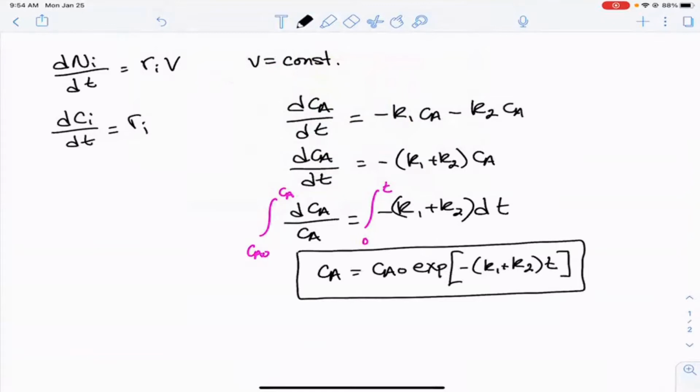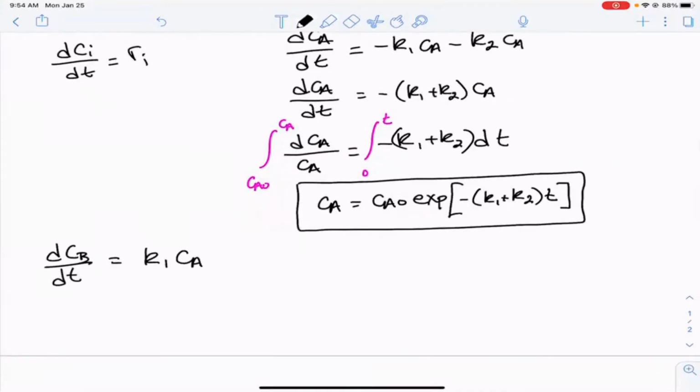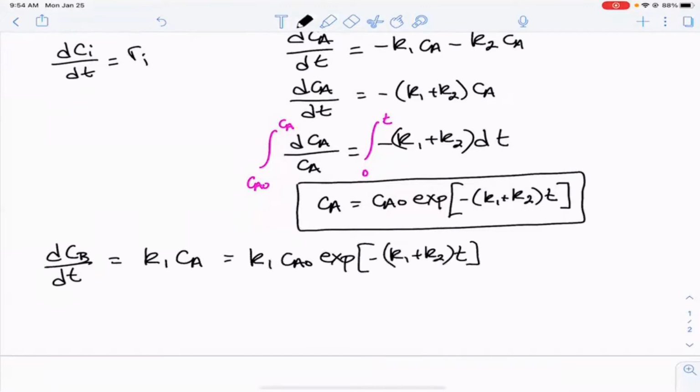So now let's solve for B and C. Well, for the concentration of B, dCB/dt, we said was equal to RB, and that was correctly K1 times CA, right? So we can easily solve this by putting in the expression for CA, which is CA0 times the exponent of minus (K1 plus K2) times time, right?